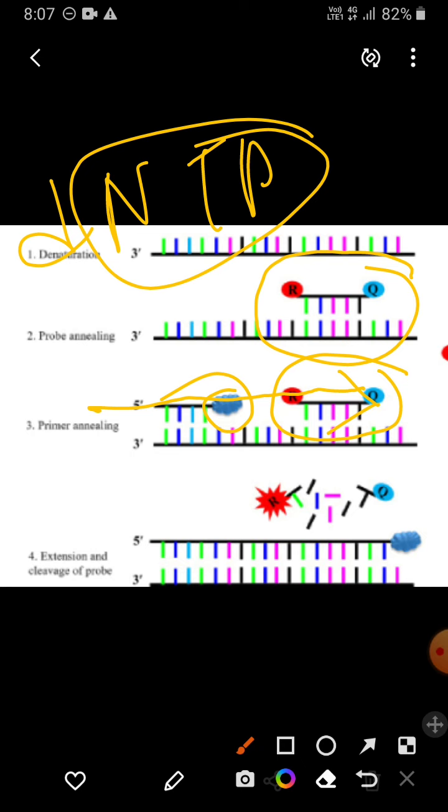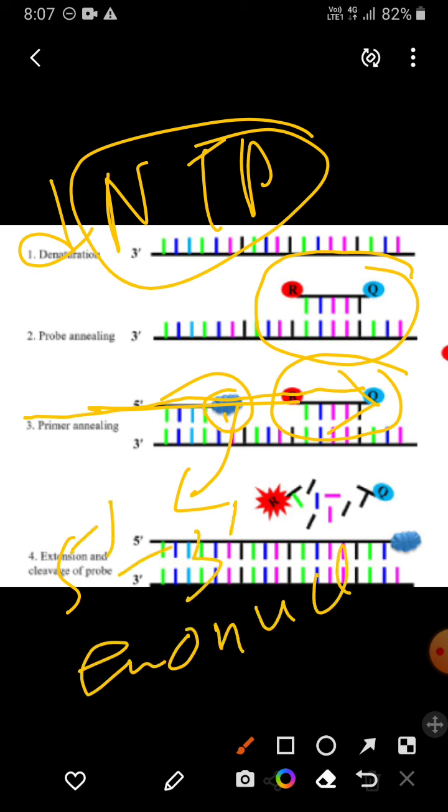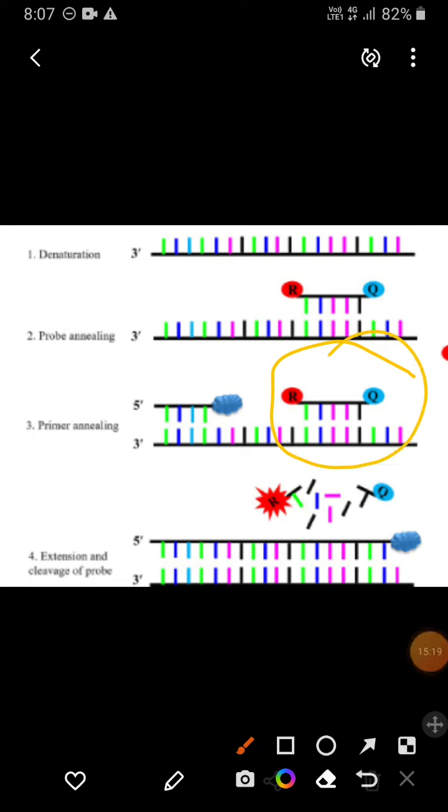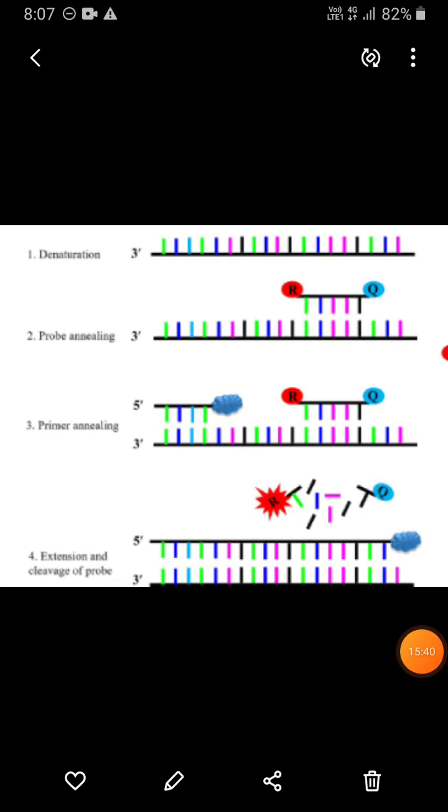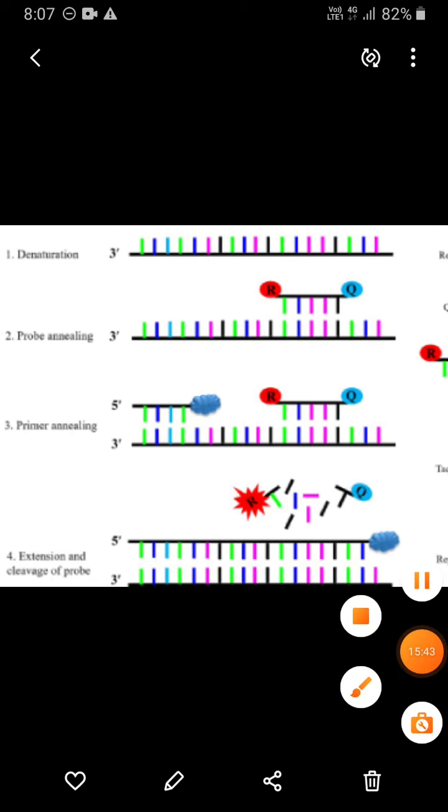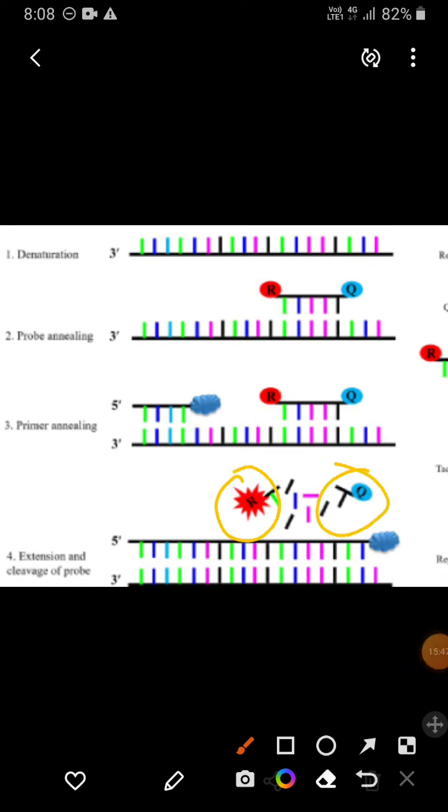During this extension, the Taq polymerase, with the help of the 5' to 3' exonuclease activity that it possesses, simply cleaves the complex of our short wavelength fluorescent probe and our quencher into short single nucleotides, and as a result the quencher and fluorescent dye are separated.